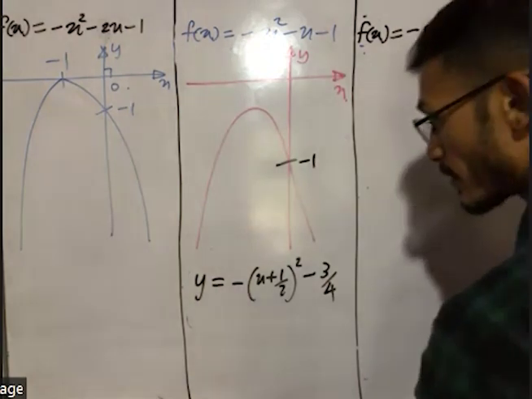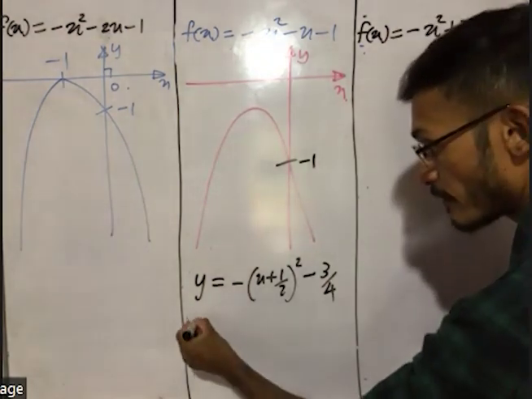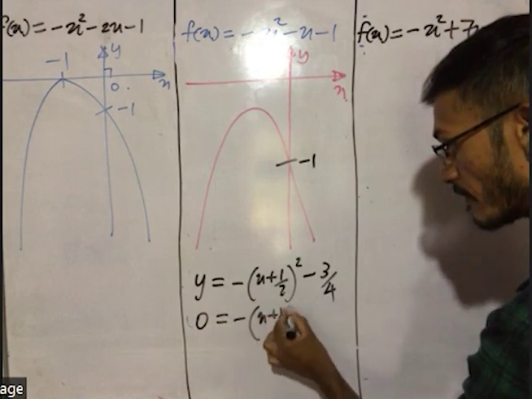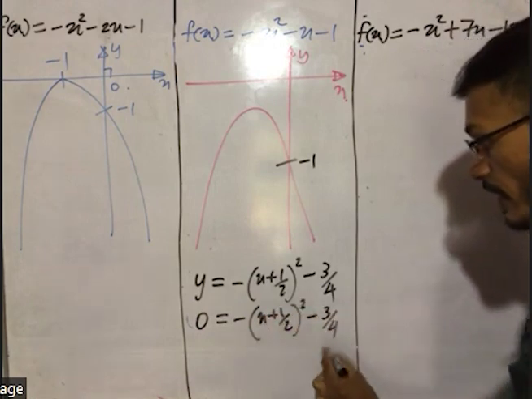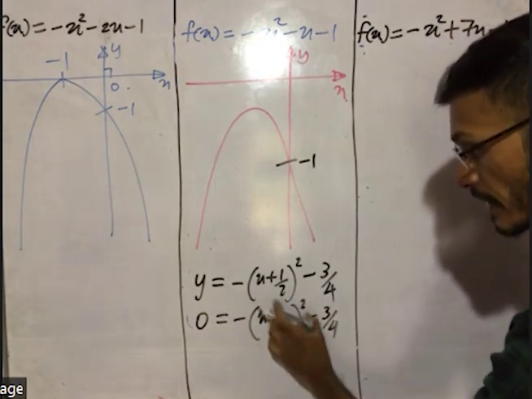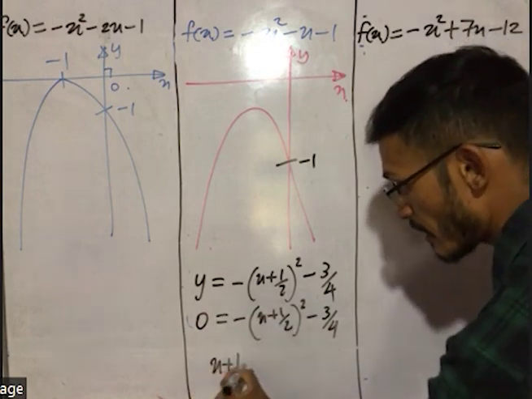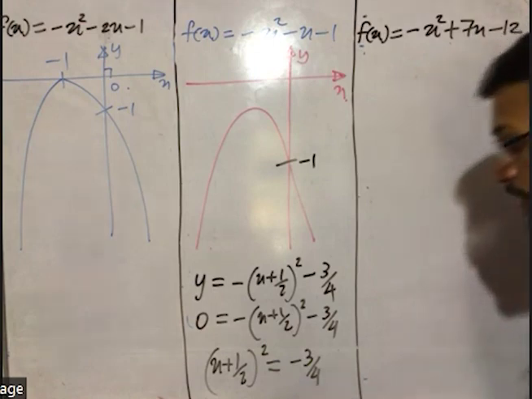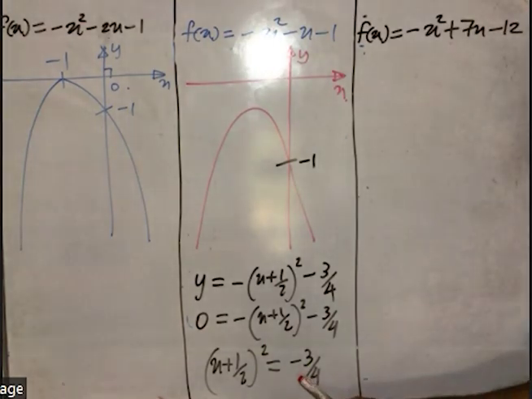When y equals 0, if you make this one 0, x plus half square minus 3 over 4, then we can take this term to the other side. Then x plus half square equals minus 3 over 4. So you cannot get the square root of a minus value.